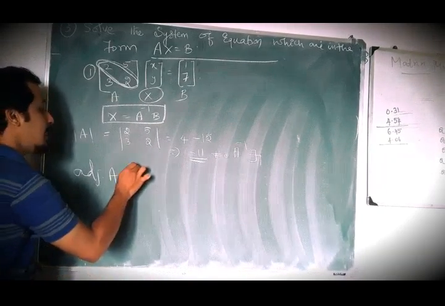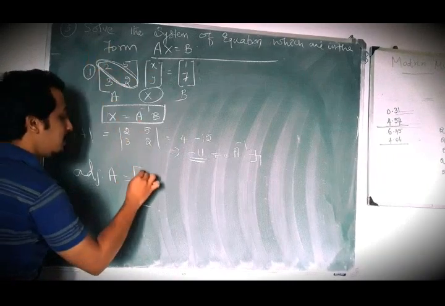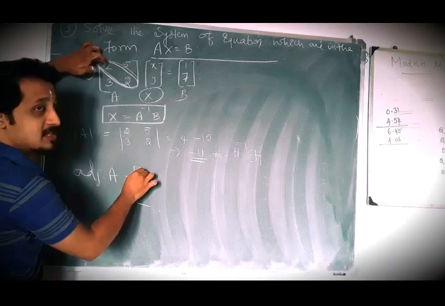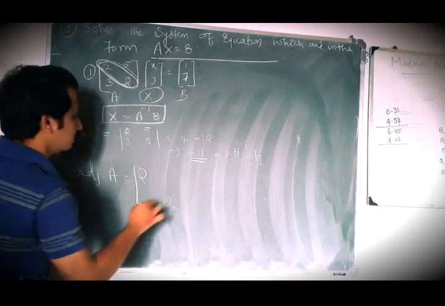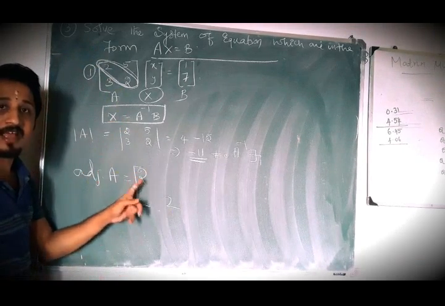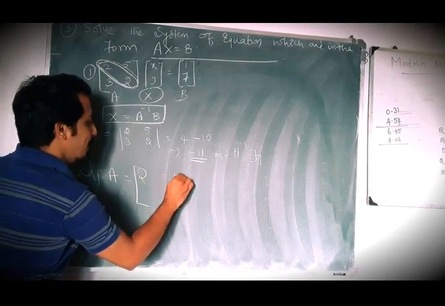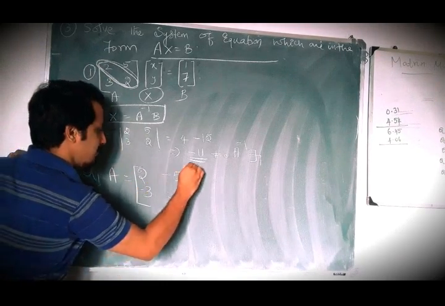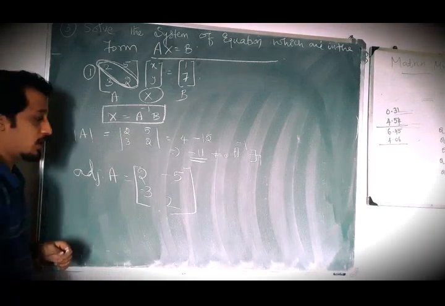So adjoint A is nothing but the principal diagonal elements interchanged. Since here both are the same, I am writing like this. So here minus 5, minus 3. This is nothing but adjoint A.